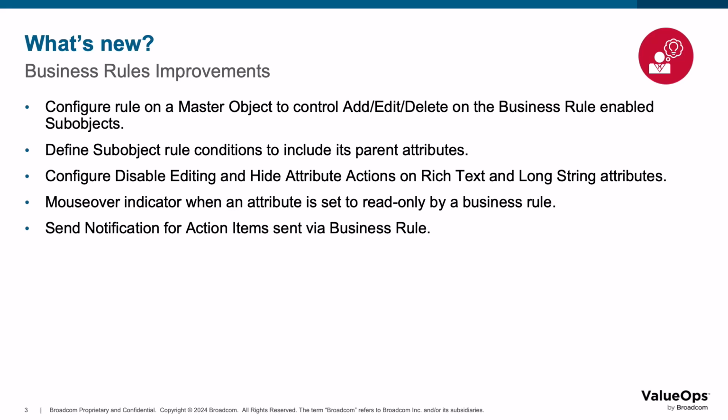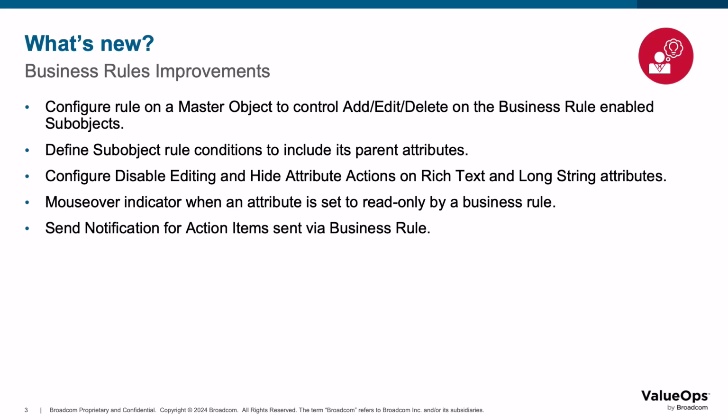But last but not least, now we enhance the notification. Previously, a notification only went out when the conditions were triggered from, let's say, the UI, or set based on changes of the attribute in the UI.